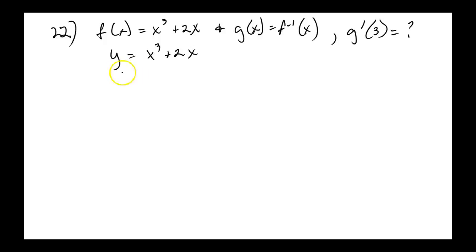So then you say x is equal to y cubed plus 2y. That may be reminiscent. Now you've got to solve for y. And that's where you start having problems.